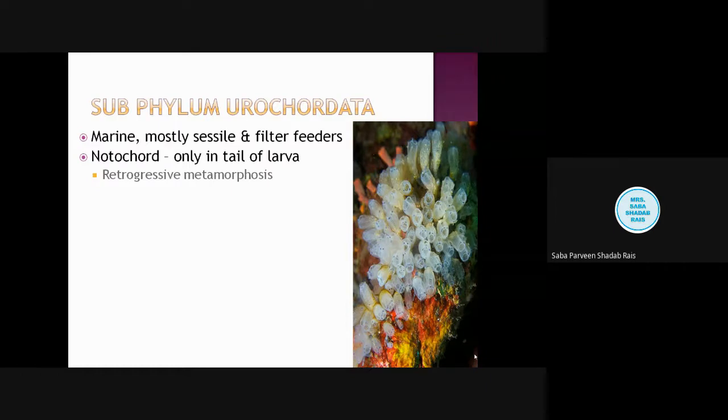Incomplete metamorphosis means the animal may have only slight changes in its body. Like cockroaches, you will observe that the nymphal stage resembles the adult, but the adult is more advanced. But complete metamorphosis means the different stages of the animal are totally different. If you compare the egg, larva, pupa, and the butterfly, all the stages are totally different.